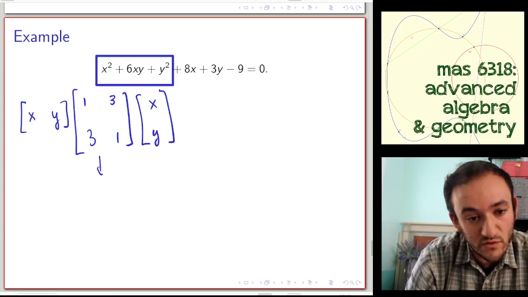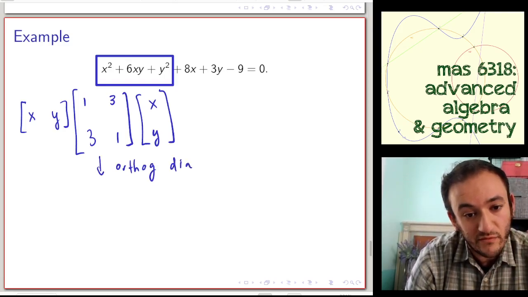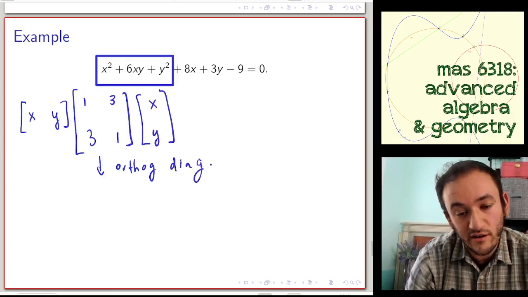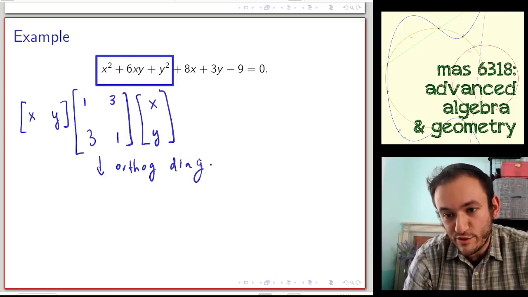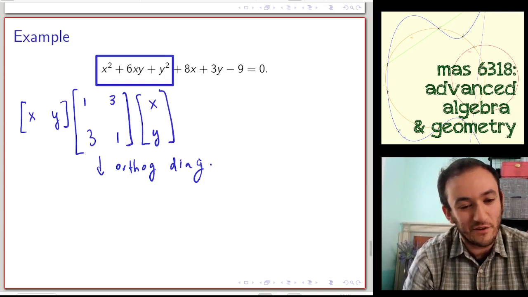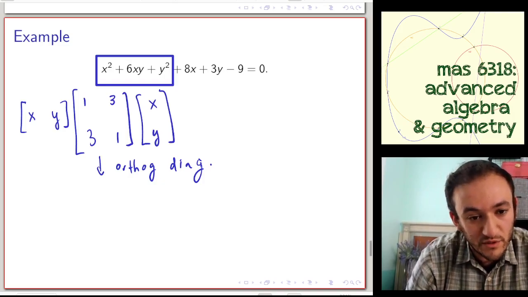And then we're going to want to orthogonally diagonalize this. There are calculators online that you can do this with if your linear algebra is rusty, but we'll do it explicitly.